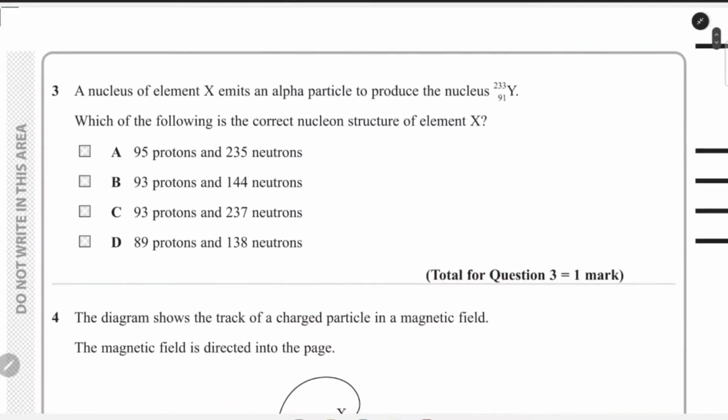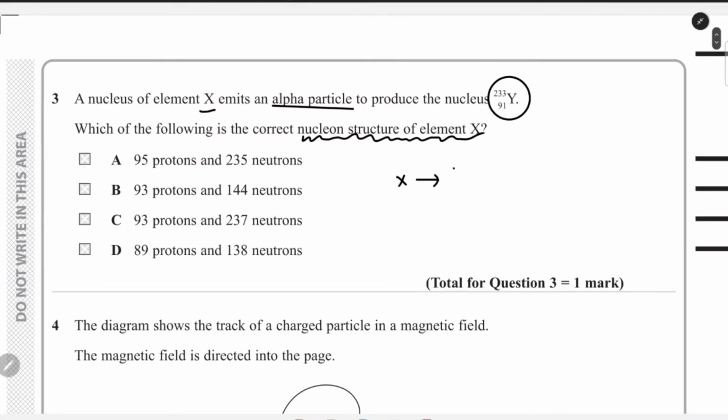Now in question 3, we are given element X, which emits an alpha particle to produce this nucleus over here. We need to find the correct nucleon structure of element X. So we had element X over here, and it decayed to element Y through alpha radiation.